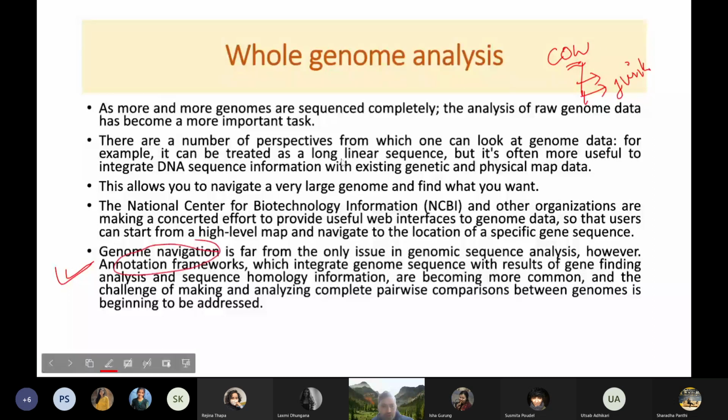For that there are frameworks, which integrate the genome sequence with the results of gene finding analysis and sequence homology information.